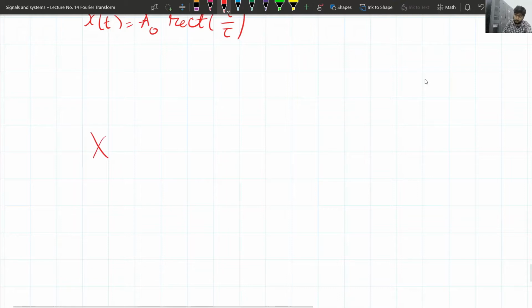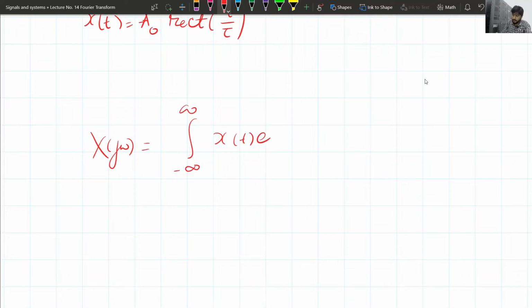So X(omega) will be the integral from minus infinity to infinity of x(t) e to the power minus j omega t dt.